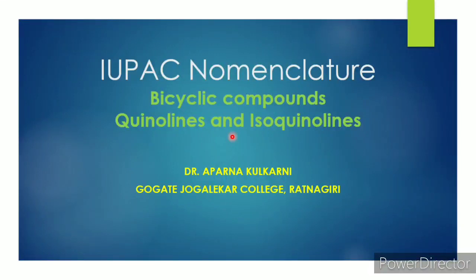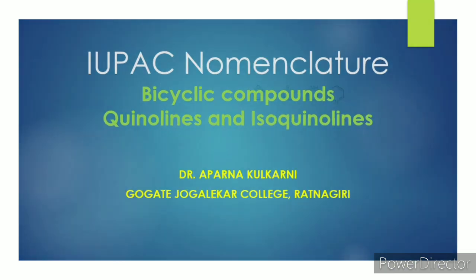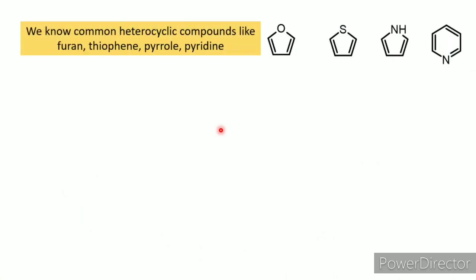Hello friends. In our lecture series on IUPAC nomenclature of bicyclic compounds, let's discuss the next type of compounds, quinolines and isoquinolines. So we know these heterocyclic compounds like furan, thiophene, pyrrole, pyridine.